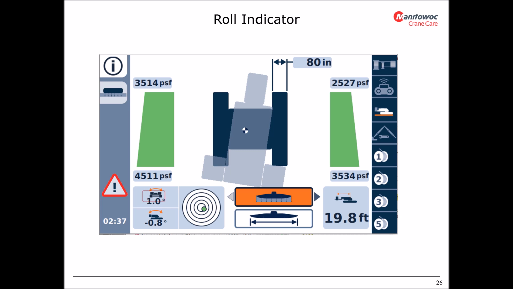There is also a roll indicator shown in degrees. Like the bubble level indicator, this item is optional for some of the lattice cranes. Please read the main display operations manual for further instructions. And on the bottom left of the display, a pitch indicator, also optional in some cranes and shown in degrees.